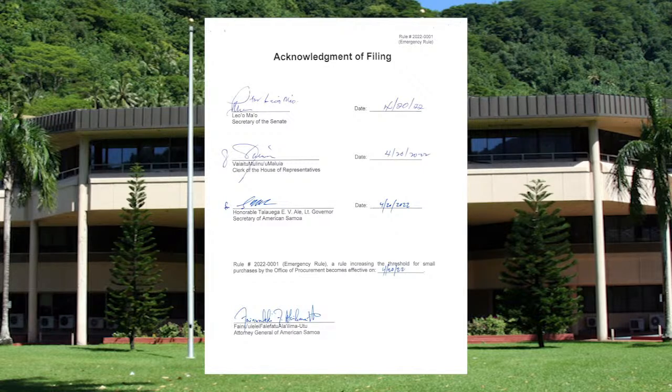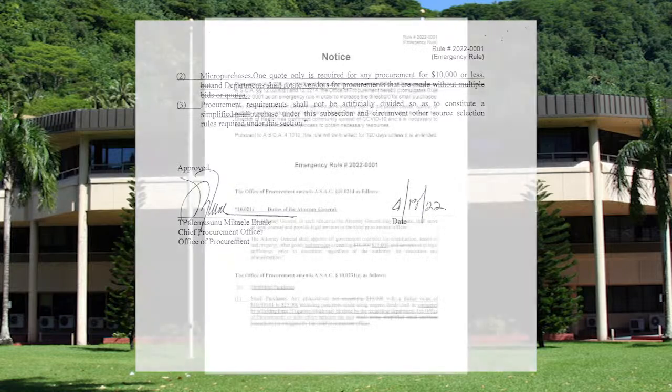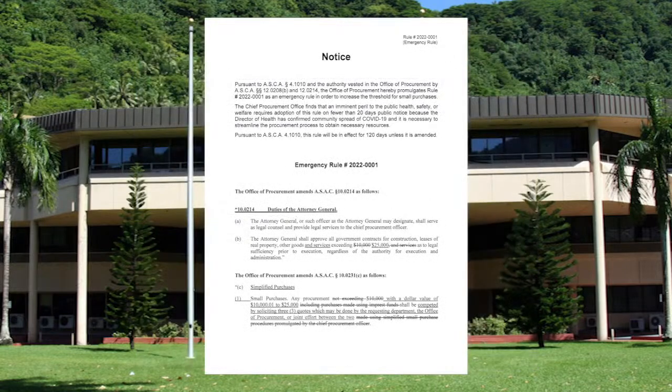The Attorney General or such officer as the Attorney General may designate shall serve as legal counsel and provide legal services to the Chief Procurement Officer. The Attorney General shall approve all government contracts for construction, leases of real property, other goods and services exceeding $25,000 as to legal sufficiency prior to execution, regardless of the authority for execution and administration.